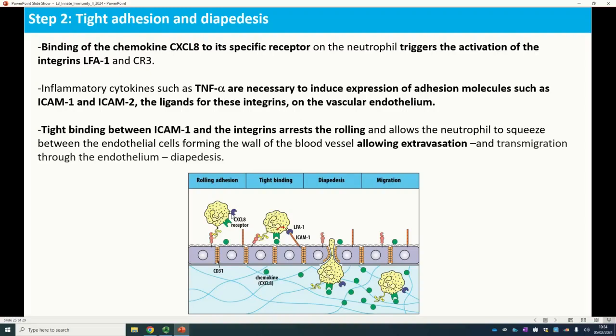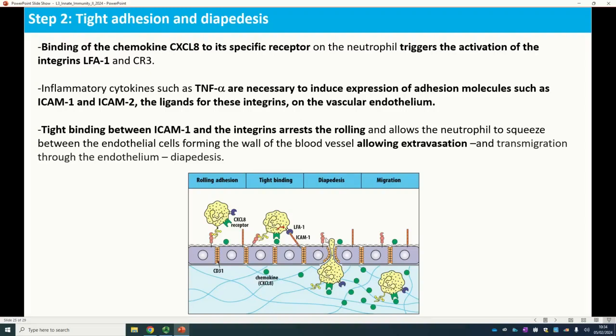At the same time, we've got TNF-alpha, that important cytokine we also talked about before, and that will start to induce the expression of various adhesion molecules such as ICAM1 on the vascular endothelium. What will happen now is that LFA1 on the neutrophil will bind to ICAM1 that's being expressed on the endothelium, and we'll get this tight binding, and this will stop that rolling of the neutrophil.